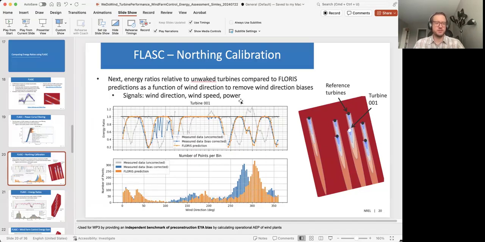We do acknowledge there's a slight overlap between FLASC and OpenOA, because OpenOA has a method for estimating total wake losses, and FLASC has some functions like that.